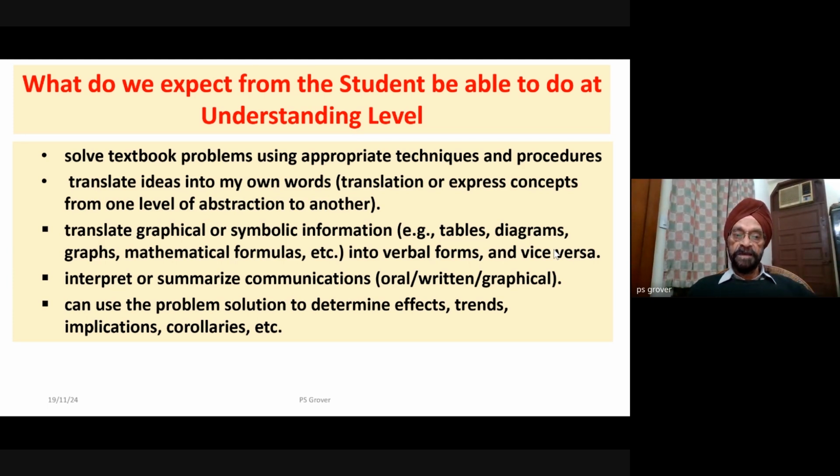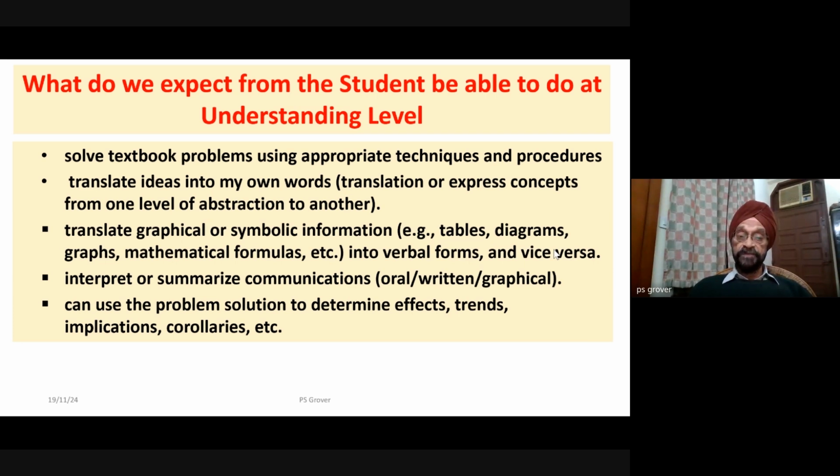So when I say understanding level, what do we expect from the student to be able to do at the understanding level? Then he is able to solve textbook problems using appropriate techniques. Earlier he could only reproduce what was given. In the understanding level, what he learned there, he can solve textbook problems. That means easy problems. Now see, there are simple problems, difficult problems, intricate problems, complex problems.